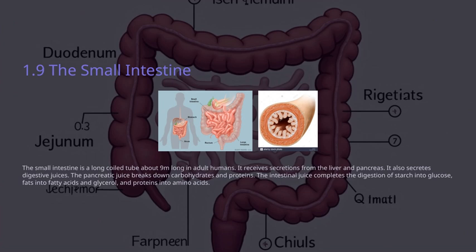Connecting this to the overall theme, the small intestine acts as the final processing center, ensuring that all nutrients are broken down into forms our body can use for energy, growth, and repair. Its coordinated function with the liver and pancreas highlights how beautifully our digestive system is designed to work together seamlessly.